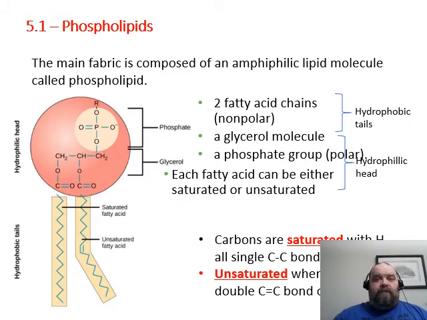Now when it comes to the phospholipids, as we talked about in a previous chapter, there's going to be three main parts. Sorry, I showed four. Three. The phosphate group at the top, just below it the glycerol, and then below those the fatty acids. Now here's the thing.